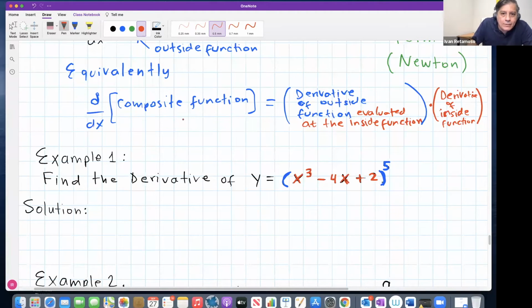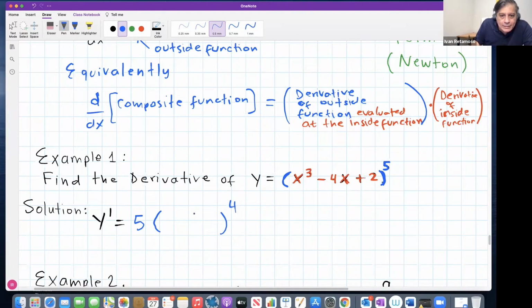Now I'm going to follow this chain rule, which says that the derivative of a composite function should be equal to, right here, y prime equal to what? Start with the outside function. Derivative of the outside function will be 5 coming down, something here raised to 1 less, 4.